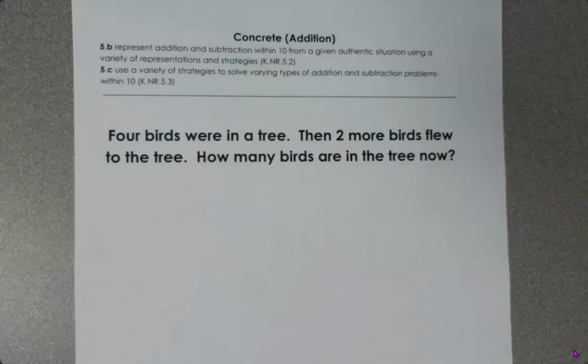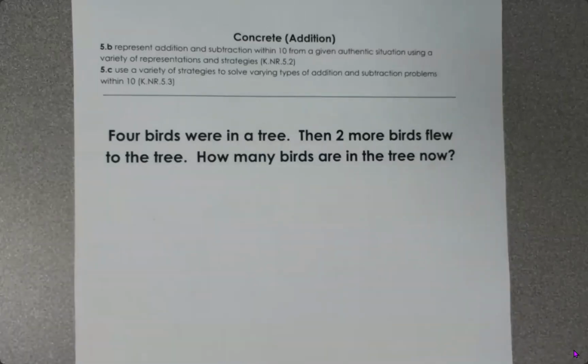So with students, I want them to create a math movie in their head, and I want them to visualize what's happening. So I'm going to model that as the teacher and tell students that I'm going to imagine that I see 2 groups of birds. I see one group of birds that's already in the tree, and then I see another group of birds that flies and lands on the tree.